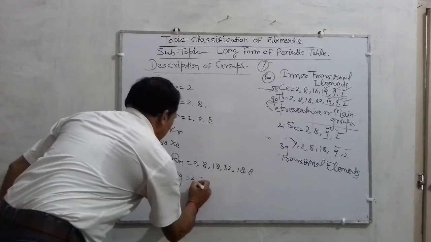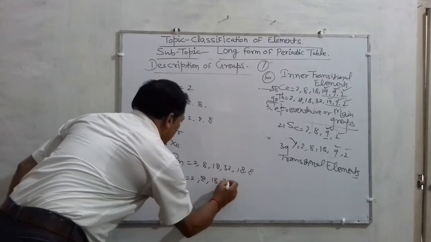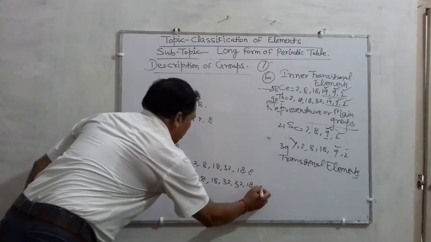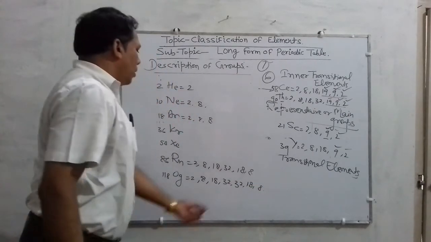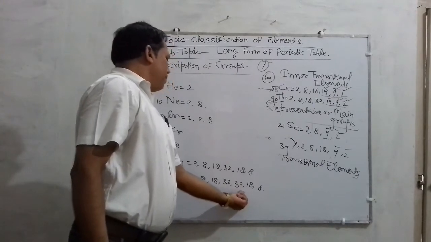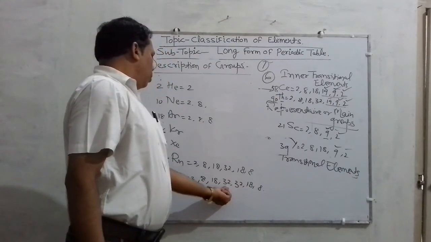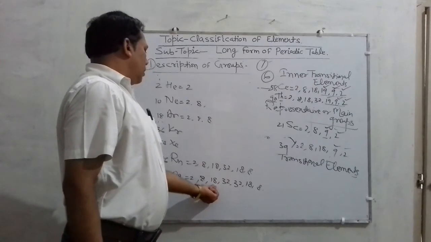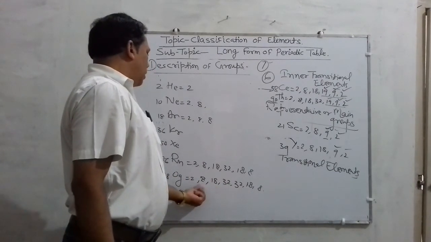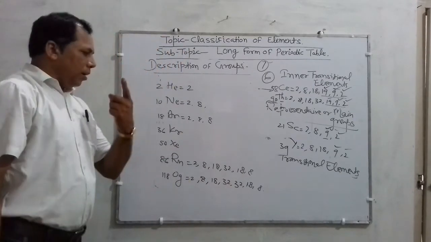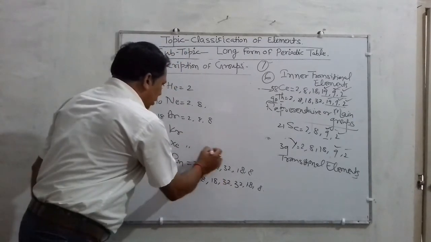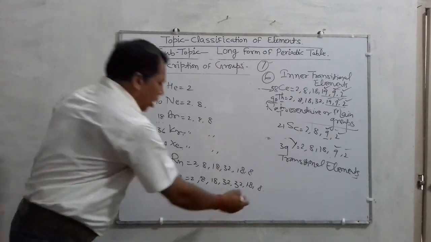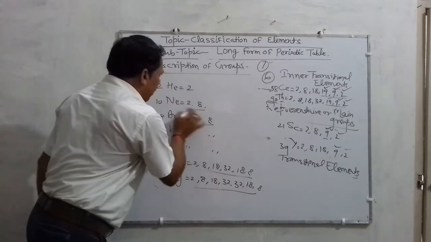Similarly this will be 2, 8, 18, 32, 32, 18 and 8. Okay children, 50 and 82, 82 and 18, that is 100 and 10 and 18. Correct, children? So in all the cases, similarly you can write them also. In all the cases, all the cells are fully filled.